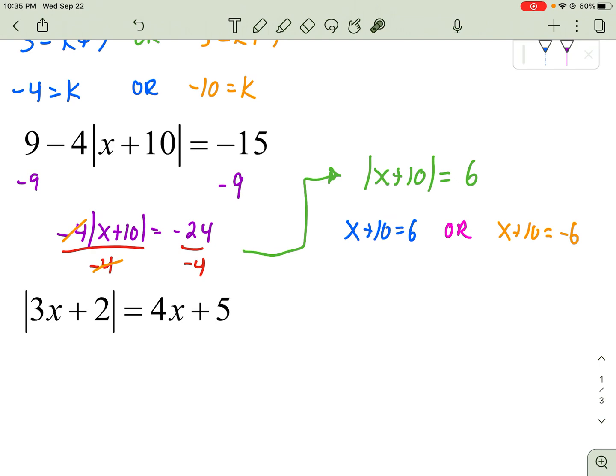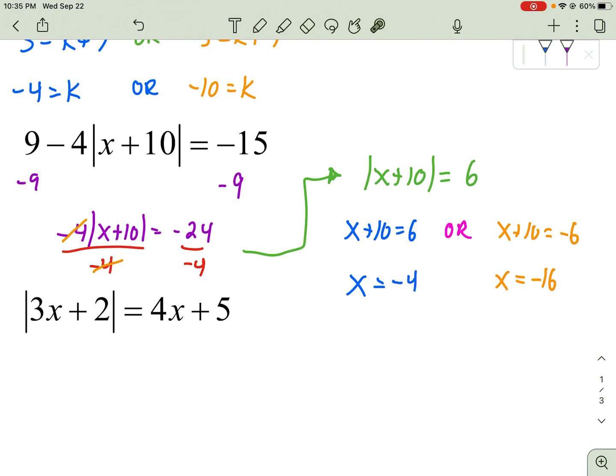Because then either way, the absolute value of this number or this number will equal positive 6. Okay, so all you do is subtract 10 over here and you get negative 16. On the blue one, you also subtract 10 and you get x equals negative 4.